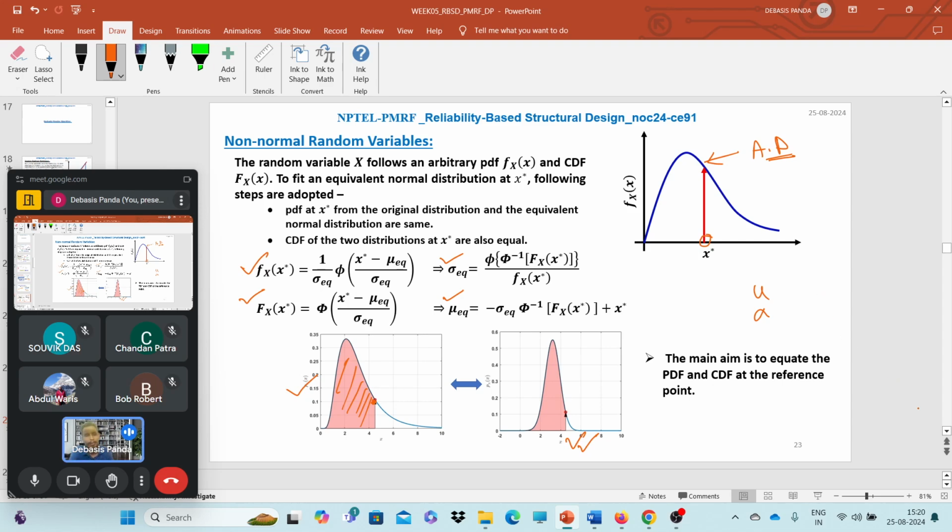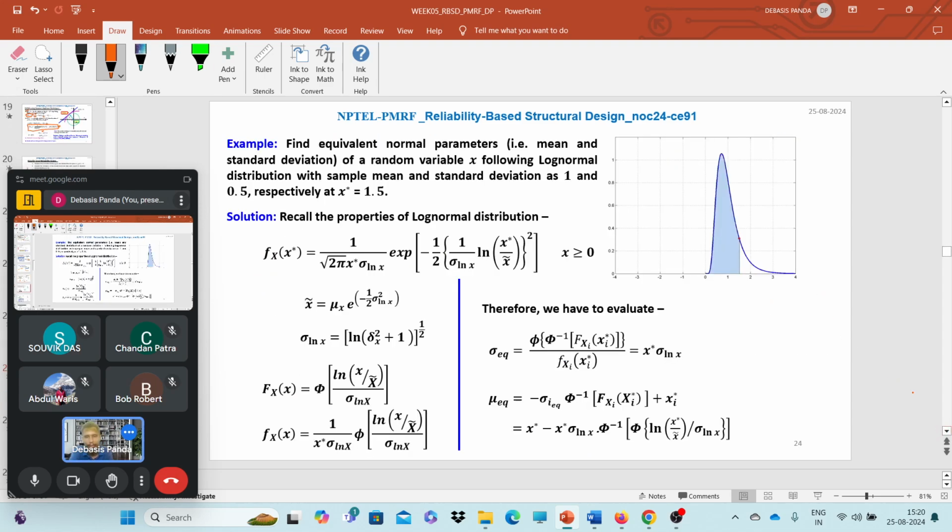Let us quickly go through an example. Here we have a log normal distribution whose PDF is given, and we need to find the equivalent normal distribution with reference point 1.5.